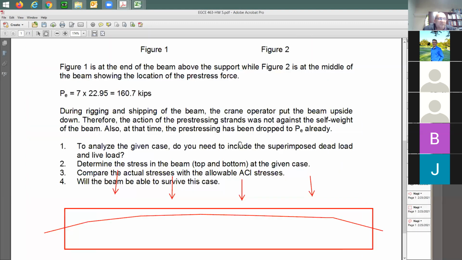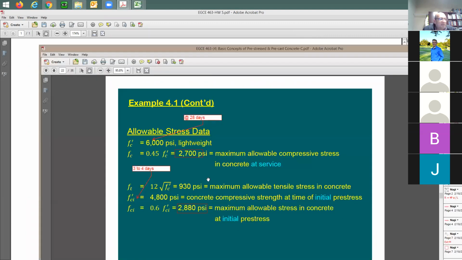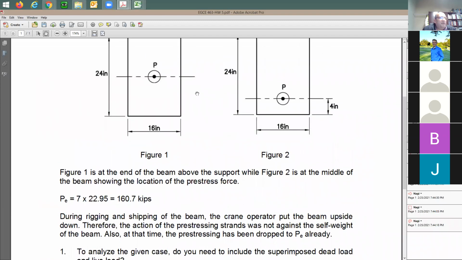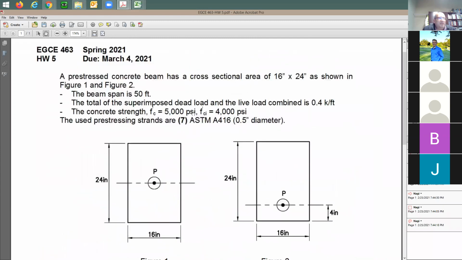And the compressive stresses are also going to be additive from the PT strand and from the given dead load. So you also need to be sure that you're not going beyond this limit, the 0.6 f'ci. How much is this f'ci in this example, the one that you've done? I'm going to say f'ci is 4,000 times 60%, as it says here.